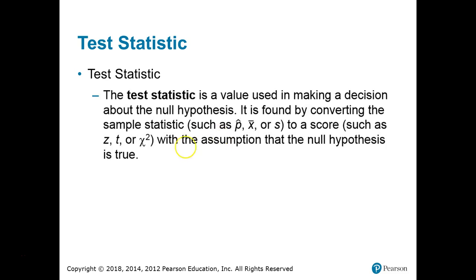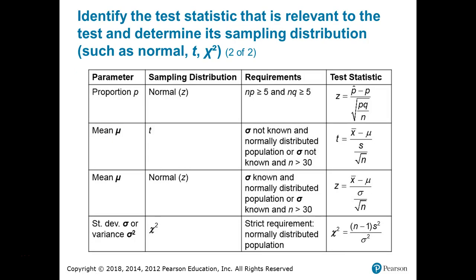So you're taking your sample statistic, whether that be your sample proportion, p hat, your sample mean, x bar, or your sample deviation, s, and converting it to a score, such as z, t, or chi. And then we are using that z, that t, or that chi to do the comparison for our hypothesis test.